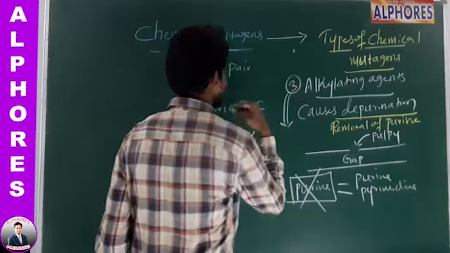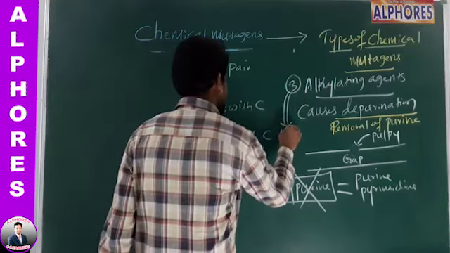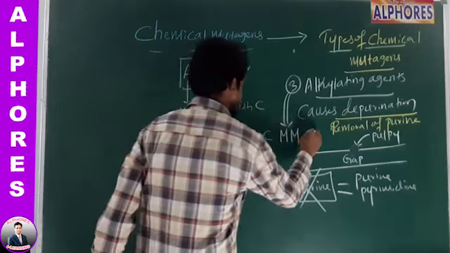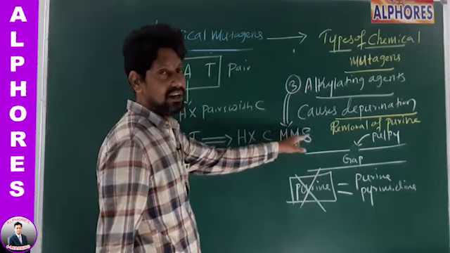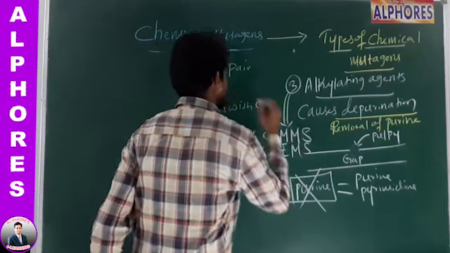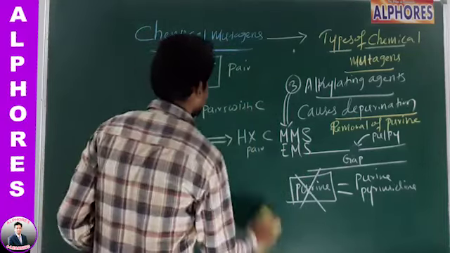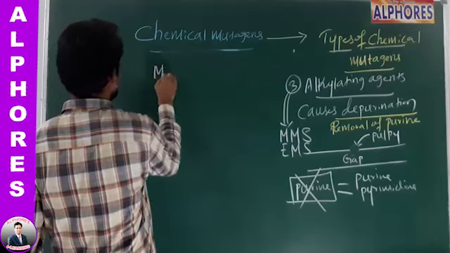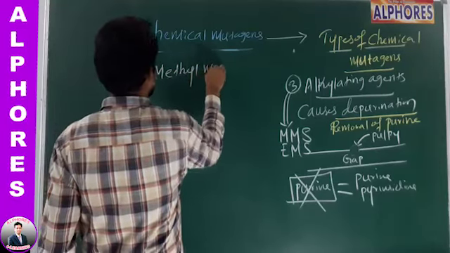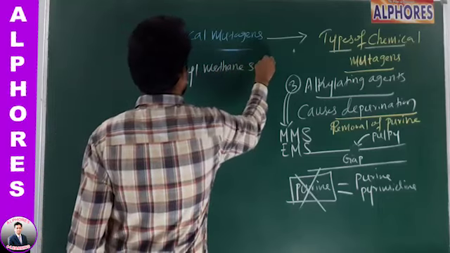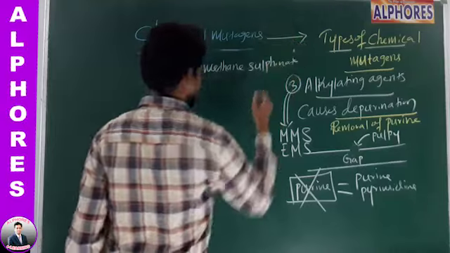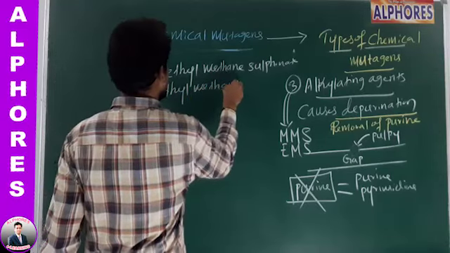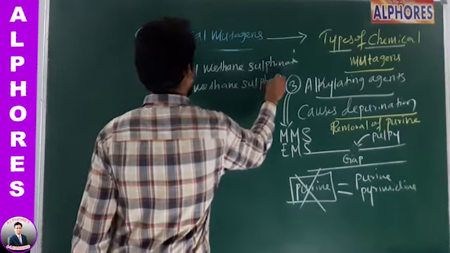Alkylating agents. The best examples are methyl methane sulfonate and the second one, ethyl methane sulfonate.